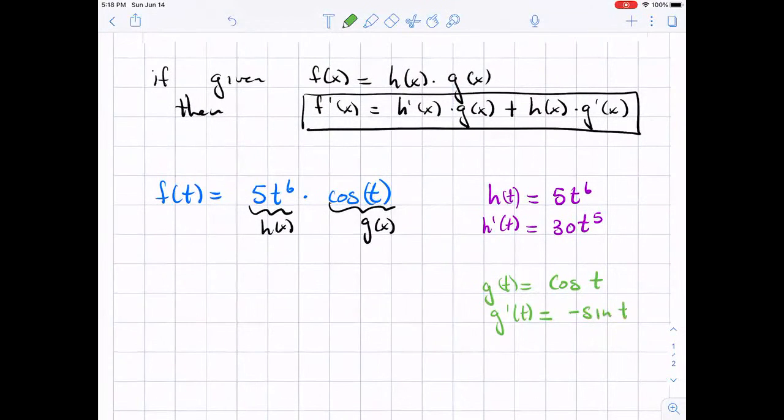So back to this now, we know that f prime of t would be equal to h prime of x times g of x plus h of x times g prime of x.